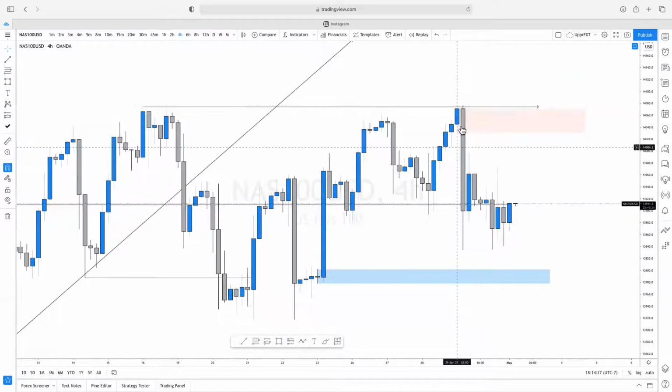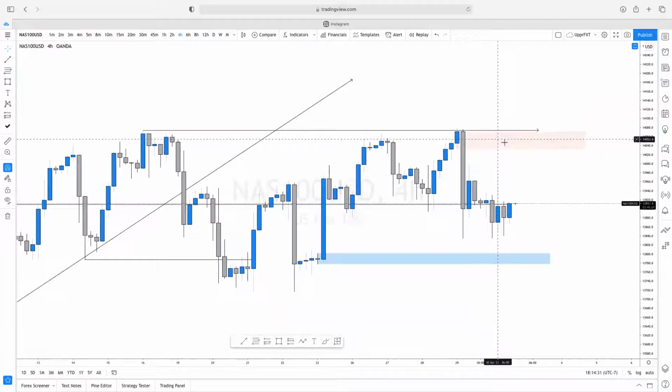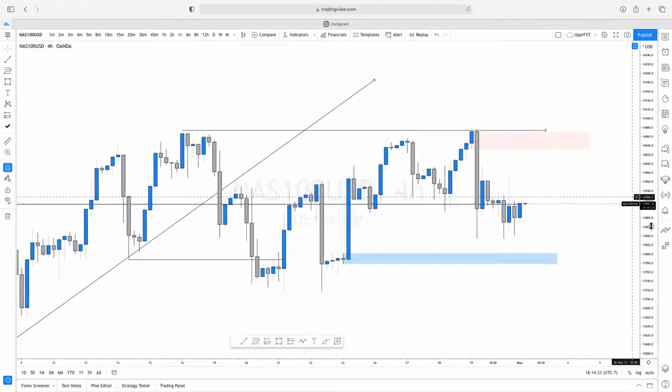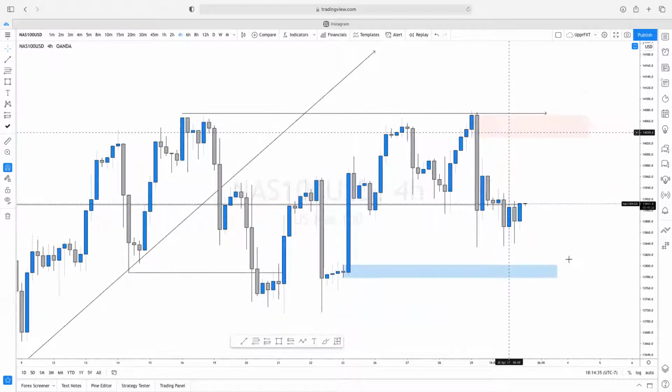So this is a good sign. This is a very big sign of bearishness right here for me, taking out these structures. So if we can get a move up here, maybe, and see a schematic play out, then I'll be looking for lower prices.